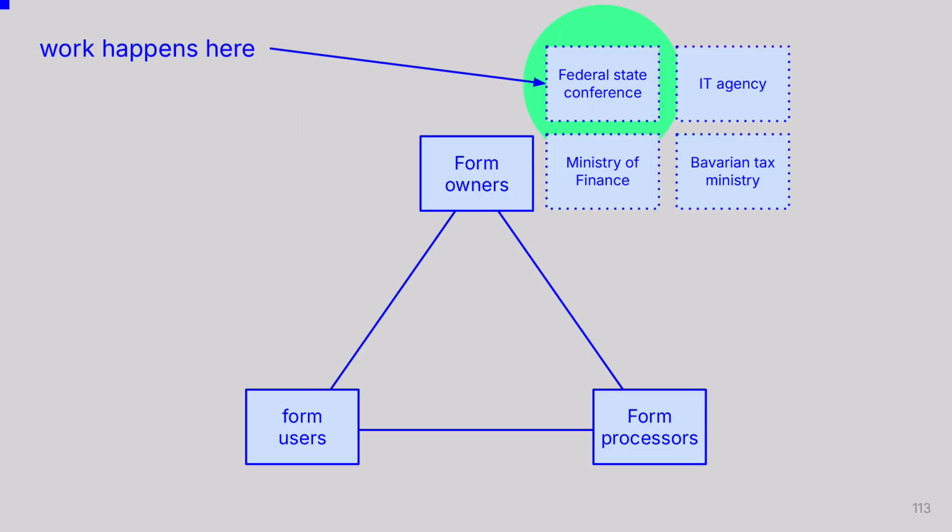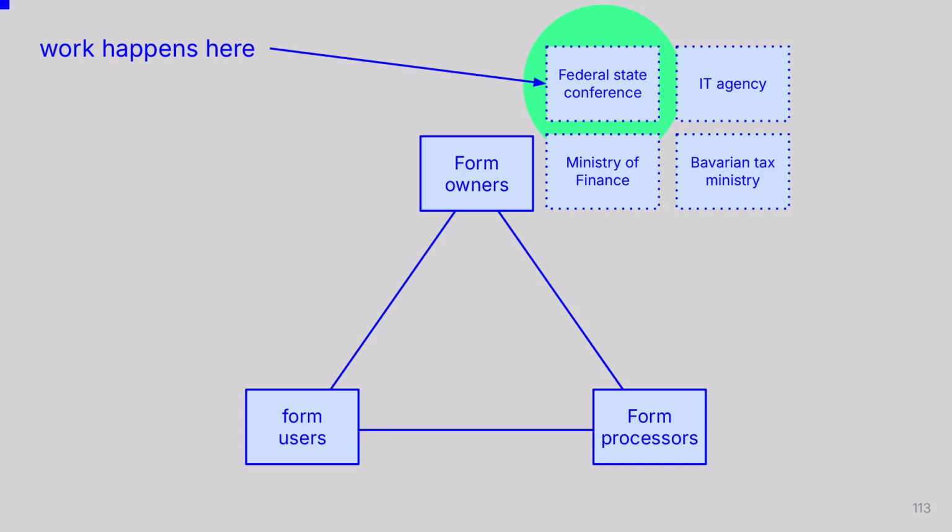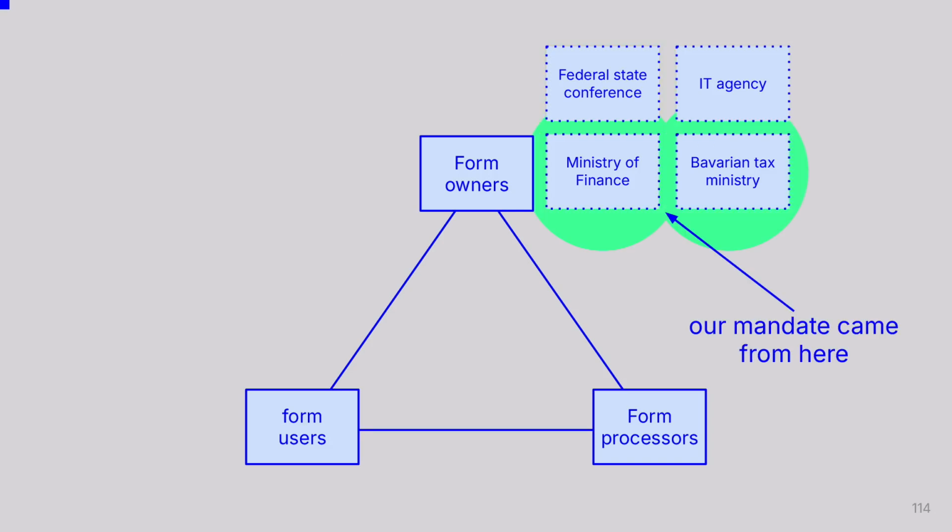In the process, we figured out that this work of defining which questions are in the digital tool we were asked to simplify is actually done here in the Federal State Conference. And this is again where the triangle can show you which stakeholders actually play what kind of role, because as I showed earlier, the mandate came from here.